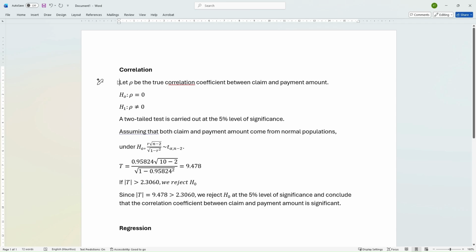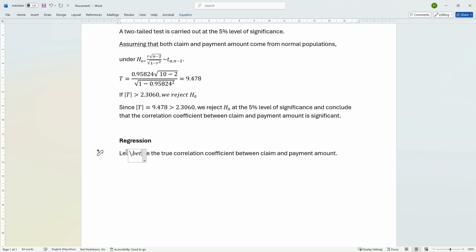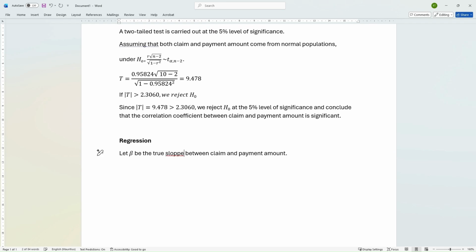Let me copy that and put it down there. I will say: let beta be the true slope parameter between claim and payment amount.